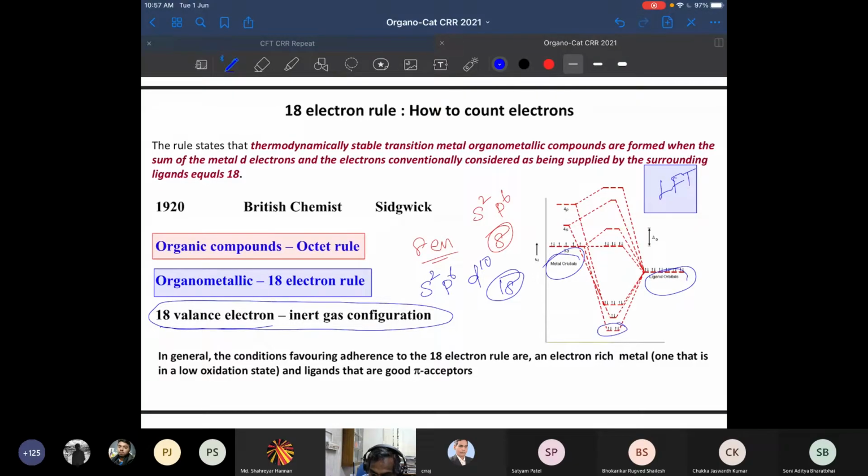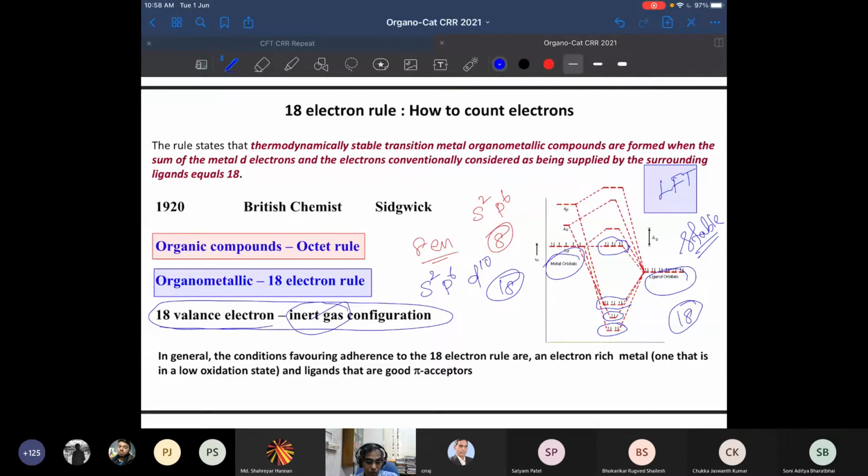Here I have a 4, and then a 2, 6, and then a 9, and then I have a 6, and I have a 6. Totally, I have 18 electrons. If a metal complex has this electronic configuration, these are considered stable complexes. Basically it comes from the inert gas configuration.